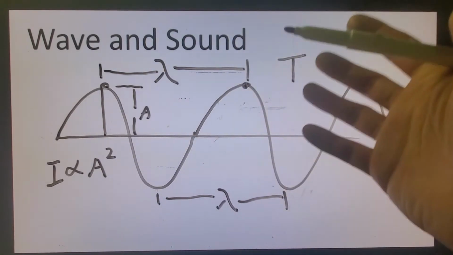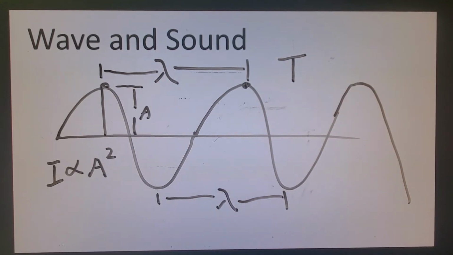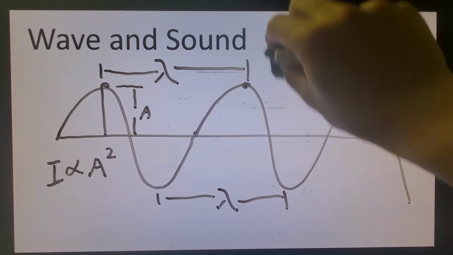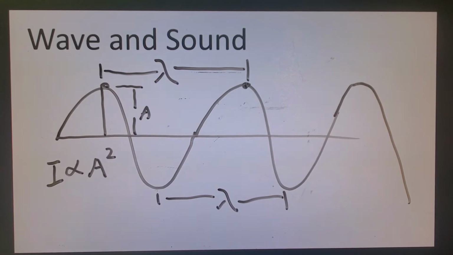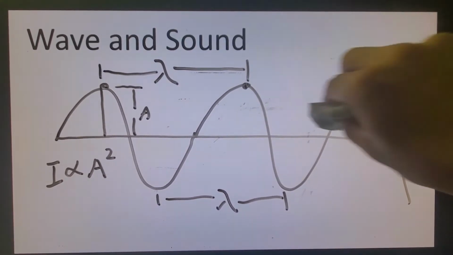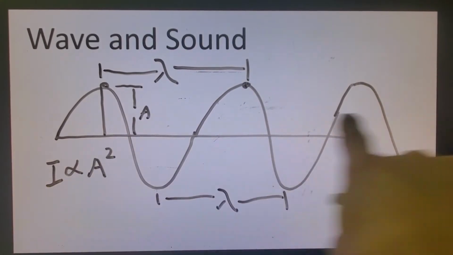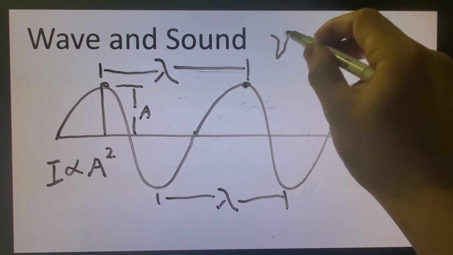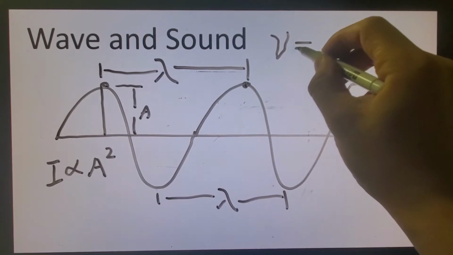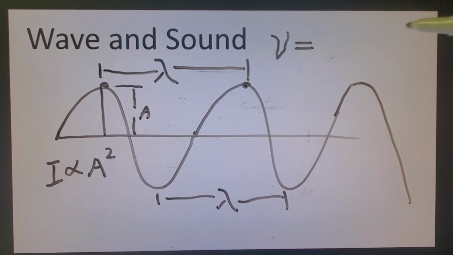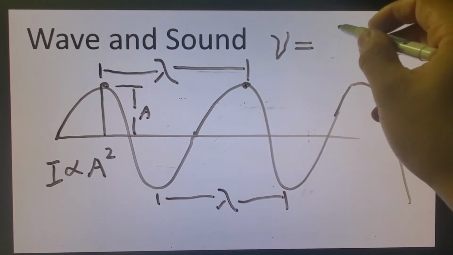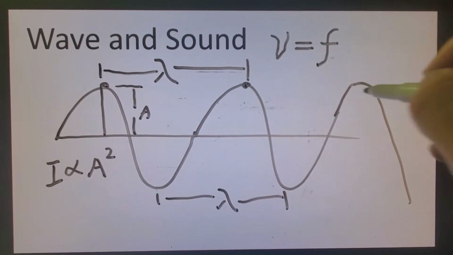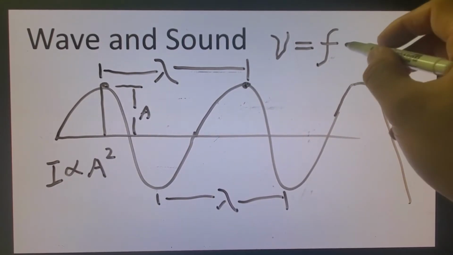There's another one, speed, or velocity. That's how fast this wave propagates. I'm going to give you a formula. Velocity is equal to frequency times wavelength.